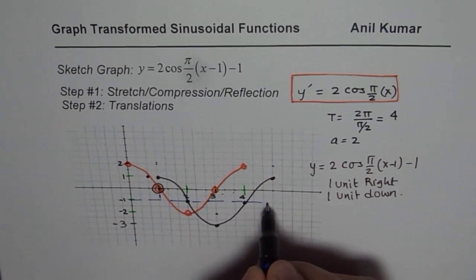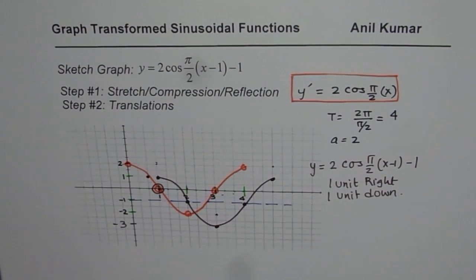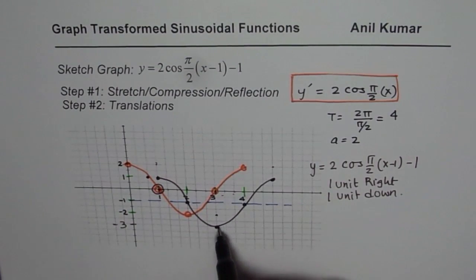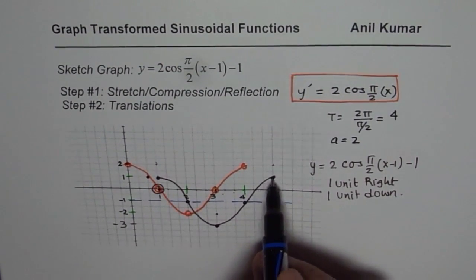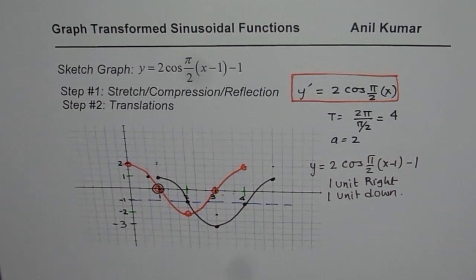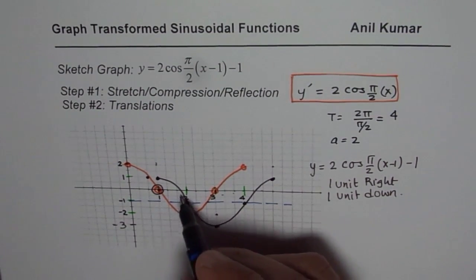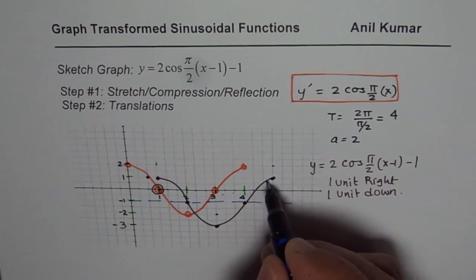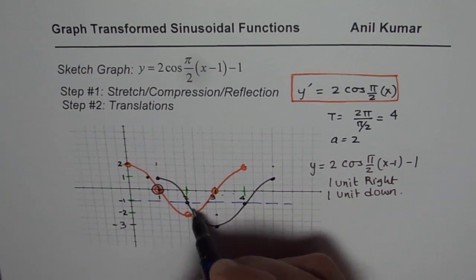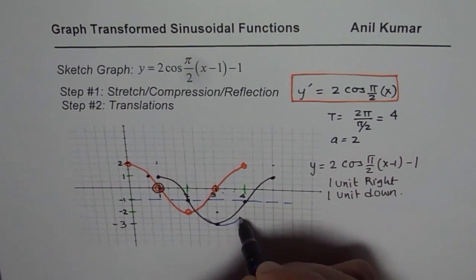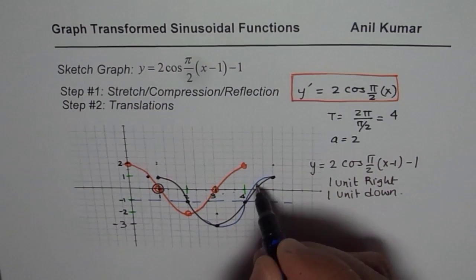Those 2 points which were zeros come again on the axis. Minimum value minus 3, maximum value 1. So that becomes a perfect graph. You could draw a slightly better graph than this. Okay, that is a better kind of graph.